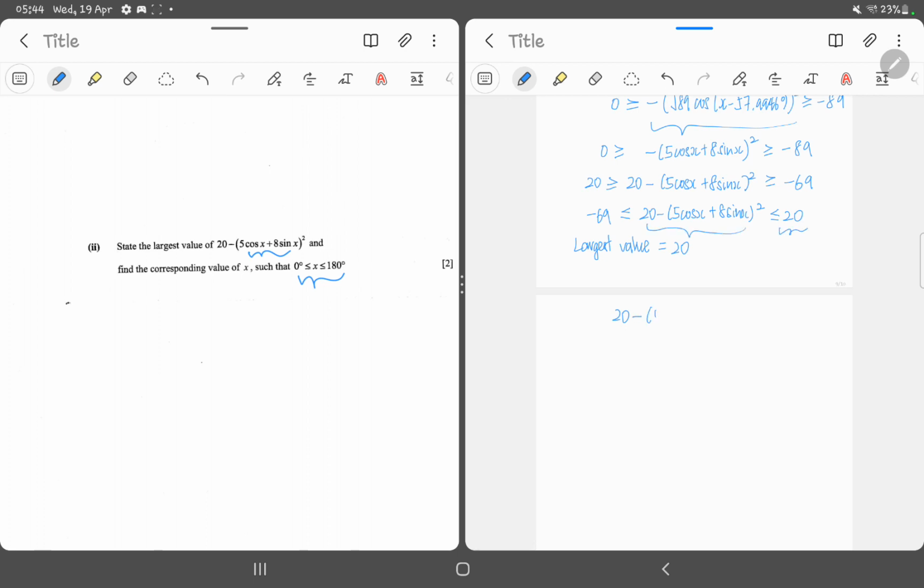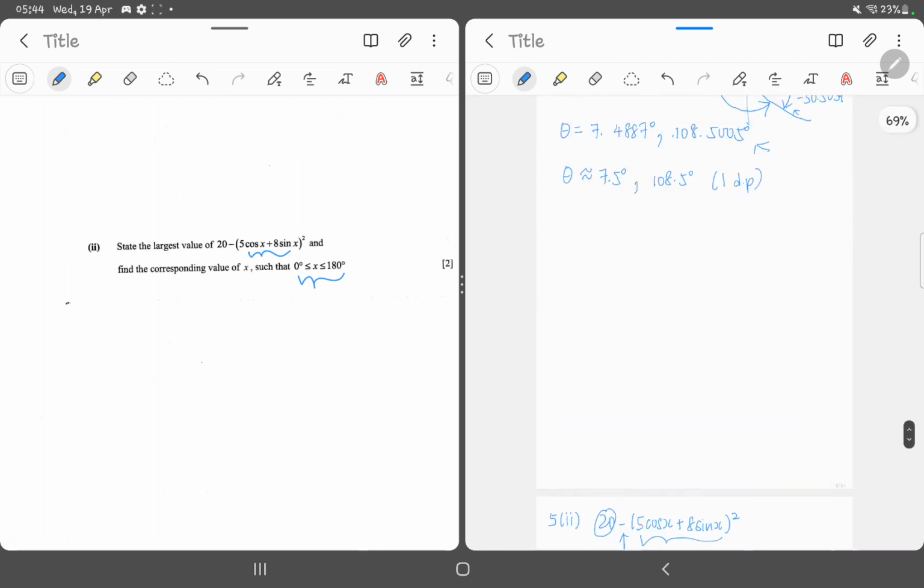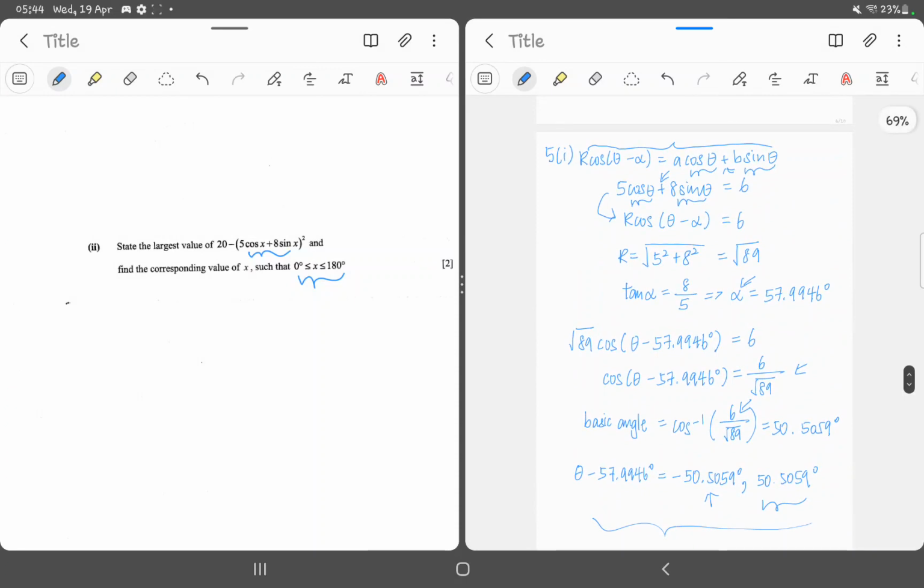So 20 minus bracket 5 cosine x plus 8 sine x bracket square equals to 20. So cancel, we get minus 5 cosine x plus 8 sine x bracket square equals to 0, which means that 5 cosine x plus 8 sine x must be equals to 0, and we know that 5 cosine x plus 8 sine x is actually this expression over here, remember?